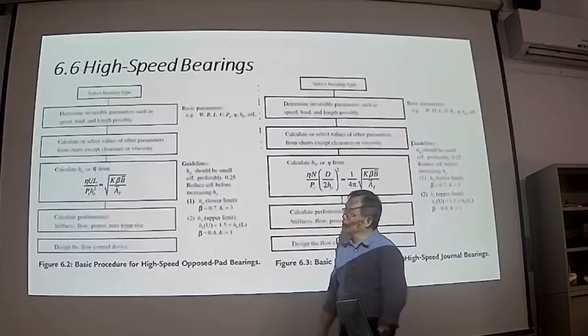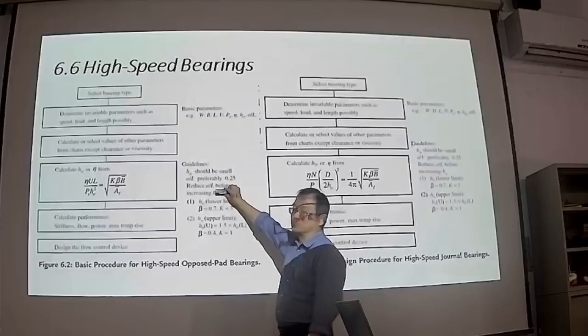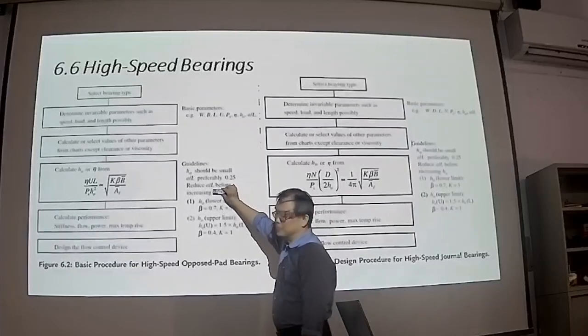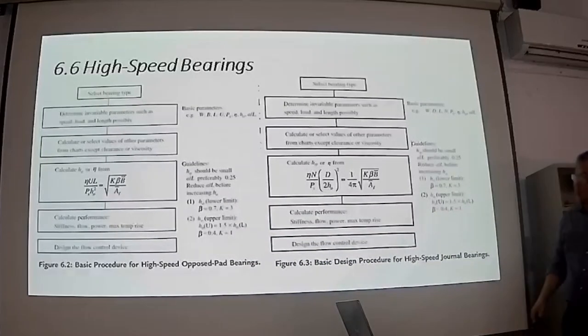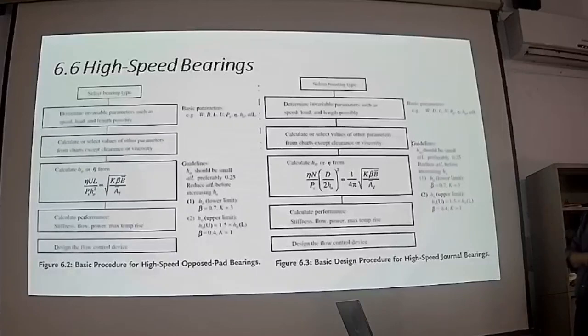Okay? It's better not to change your film thickness arbitrarily. So in here, it says you should first try to reduce your length width ratio before increasing your film thickness. There are some effects by reducing the length width ratio by also increasing the film thickness.